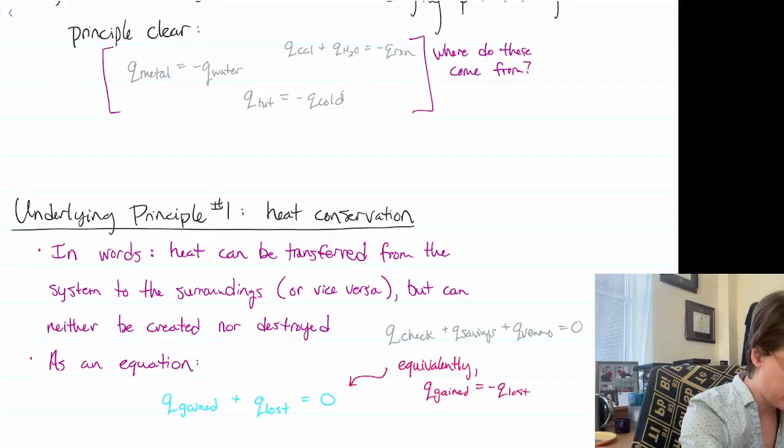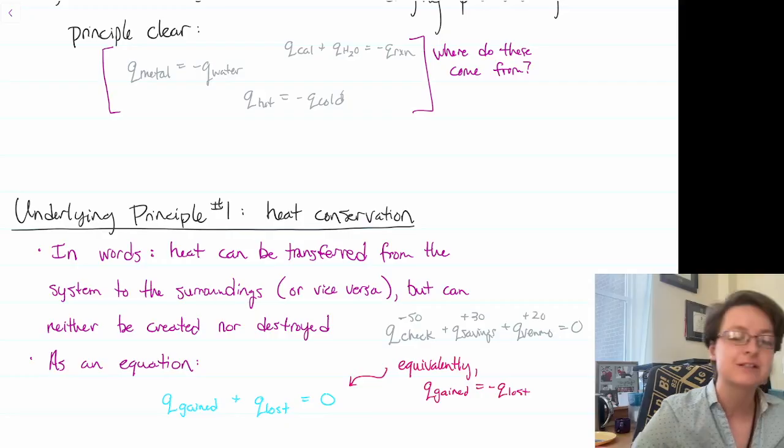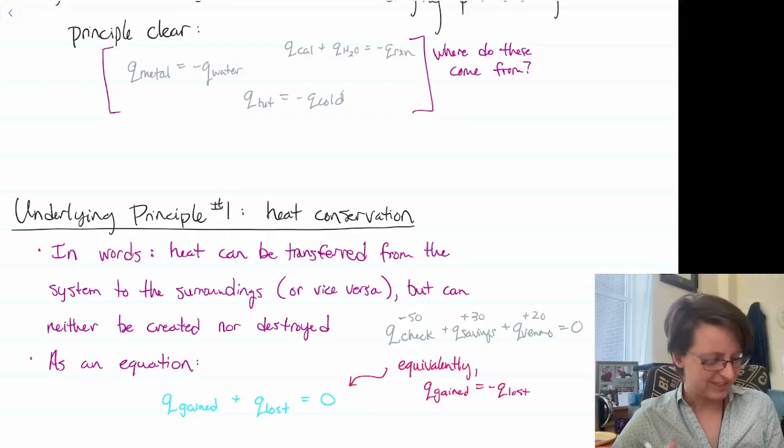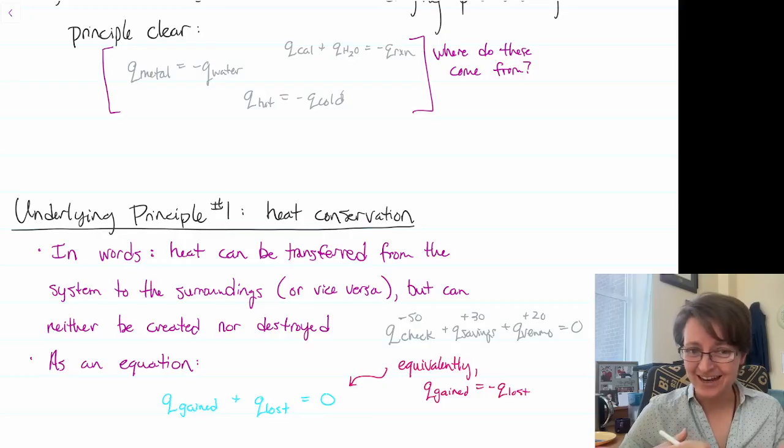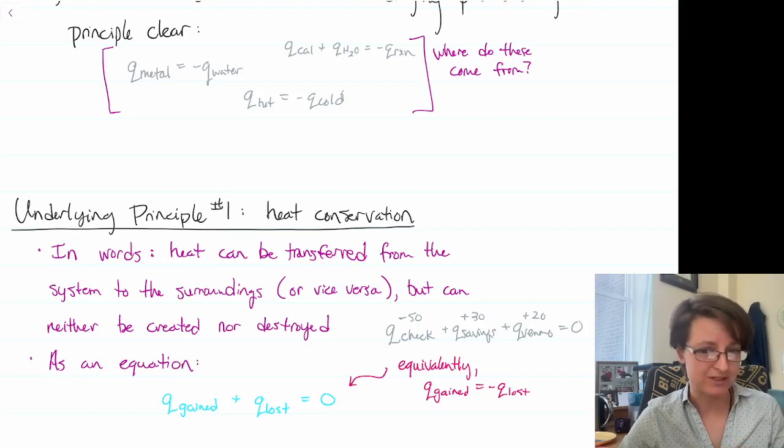And so if I take $50 from my checking account and I put $30 of it into my savings account and $20 of it into my Venmo, well, guess what? I've just shown that I have moved around money, but I haven't gained additional money and I haven't destroyed additional money. I've just simply moved it around in where its location is.